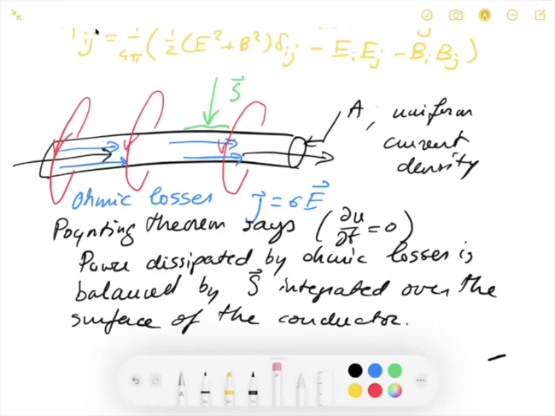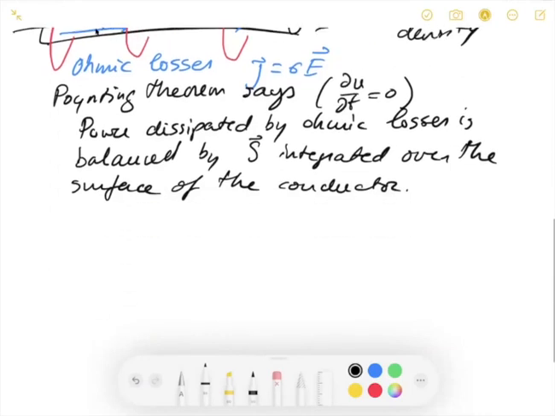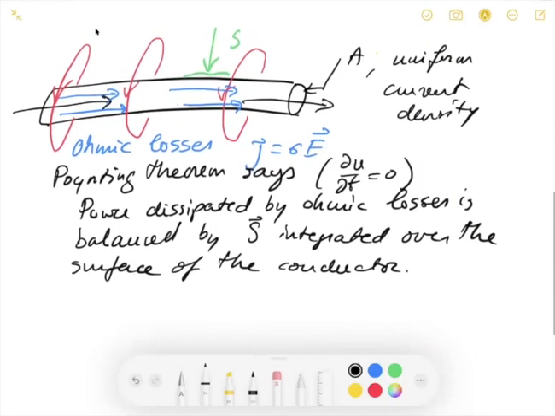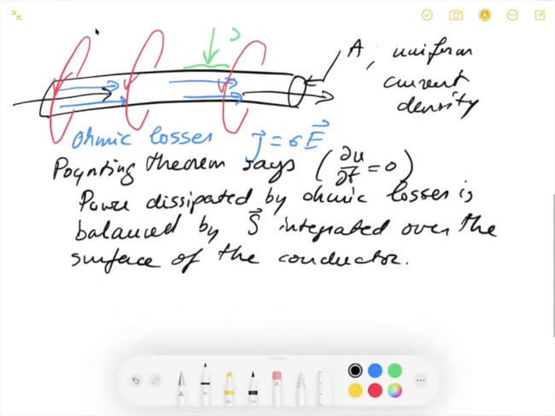And why is that? Well, it gets hot. All right, so that's the thing that Poynting's theorem says something about.